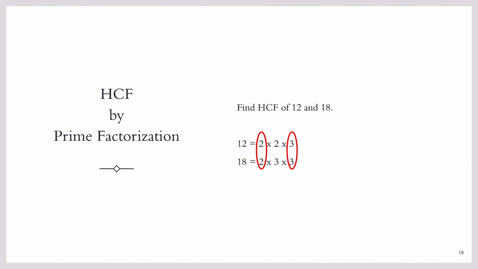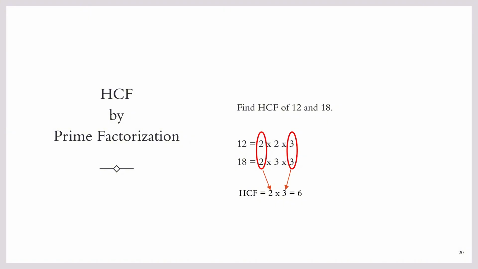Notice that this 2 and the 3 in the center are not common in both the cases. So our highest common factor becomes 2 times 3. These are the common factors in both the numbers. So our highest common factor for 12 and 18 becomes 6.